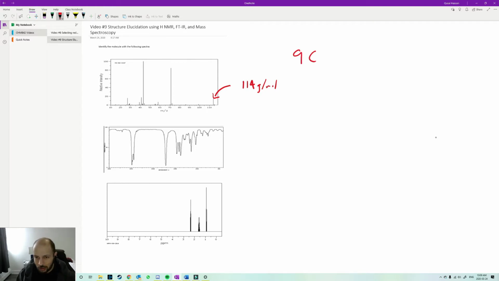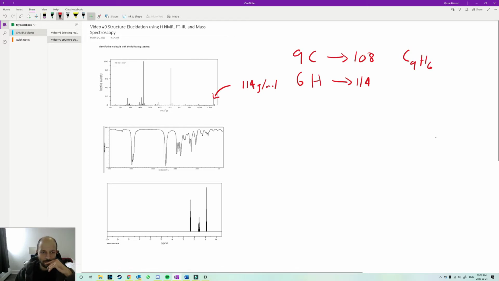That would give me a mass of 108, and that would leave me with about 6 hydrogens so that I could get to 114. Now that doesn't make sense, right? A C9H6 molecular formula, that doesn't make sense. So we're scratching that.